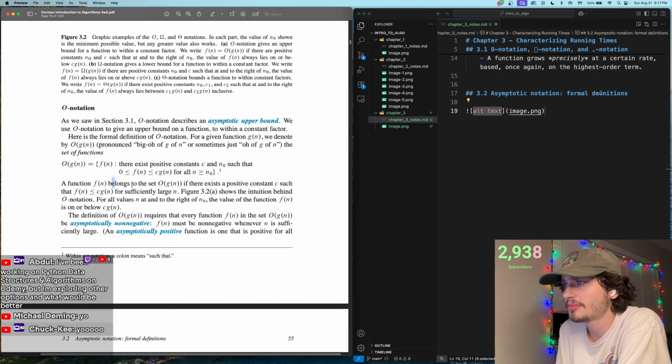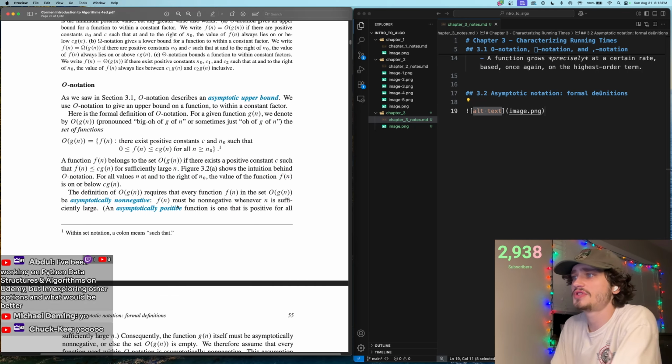A function f of n belongs to the set O of g of n if there exists a positive constant c such that f of n is less than or equal to c times g of n for sufficiently large n. Figure 3.2a shows the intuition behind O notation.